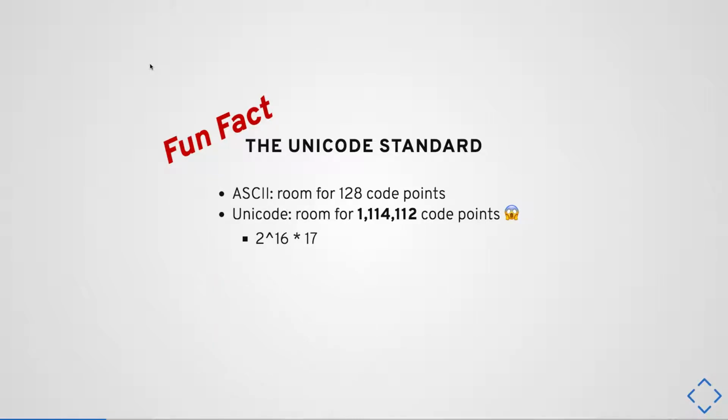So fun fact. When ASCII, maybe the original, came out, there was room for only 128 code points, and in Unicode there is room for 1,114,112. So there's a lot more room to grow, and that number is 2 to the 16 times 17, we'll talk a little bit more about why it's formatted that way in a second.